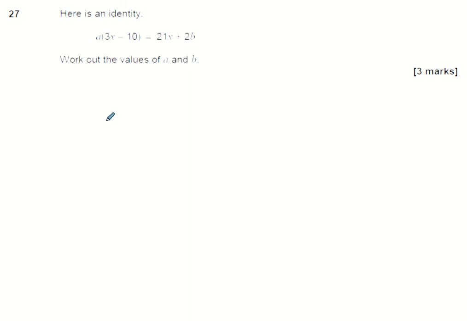We now need to work out the values of A and B. Well, on the left, we've got a bracket that we can expand. Now for me, when I'm expanding a bracket, I use a grid method. The way that works is that I've got one single item in the A, and I've got 2 items inside the bracket, a 3x and a minus 10. So I start by drawing a 1 by 2 grid.